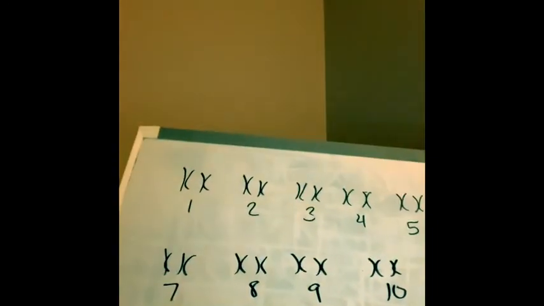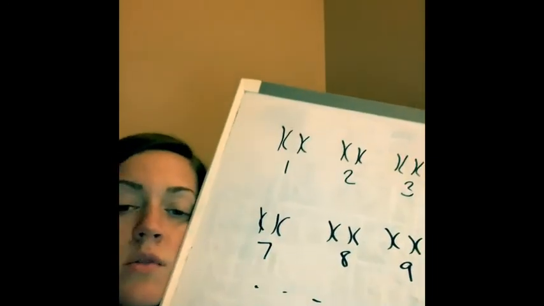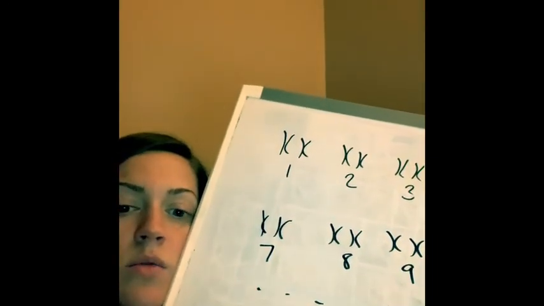Okay, and we're just going to put a dotted line in place of the rest of those. But on 21, you will have 3 chromosomes instead of just 2. Okay, and then 22 and 23.